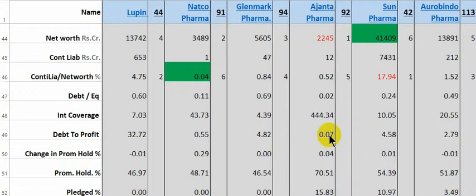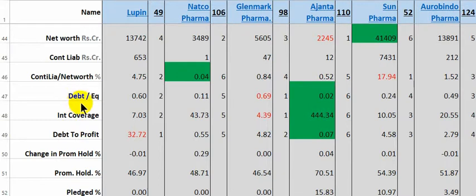Ajanta too has very minimal debt against the profit. Sun Pharma is very similar to Glenmark, where its borrowings are 4.5 times its profit, this year's profit, that is. And Aurobindo's debt to profit is 2.79 times. That is, its borrowings are 2.79 times this year's profit.